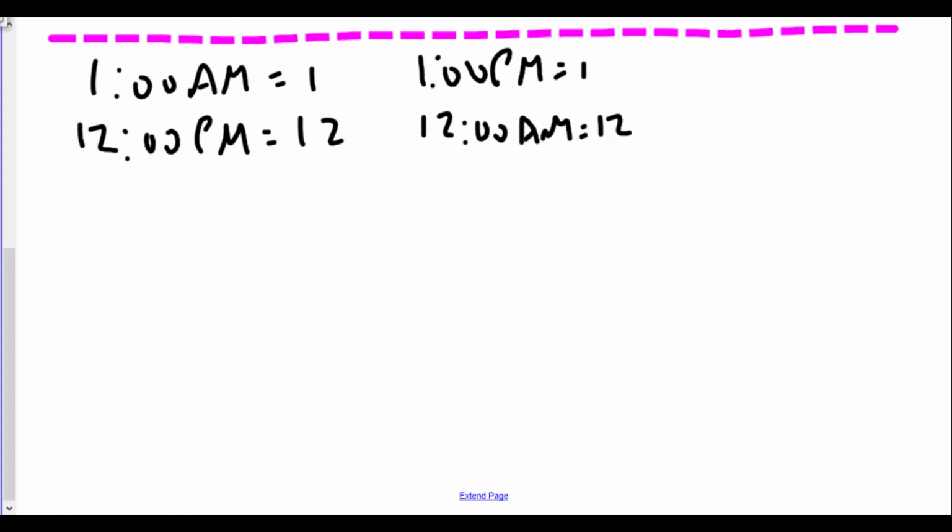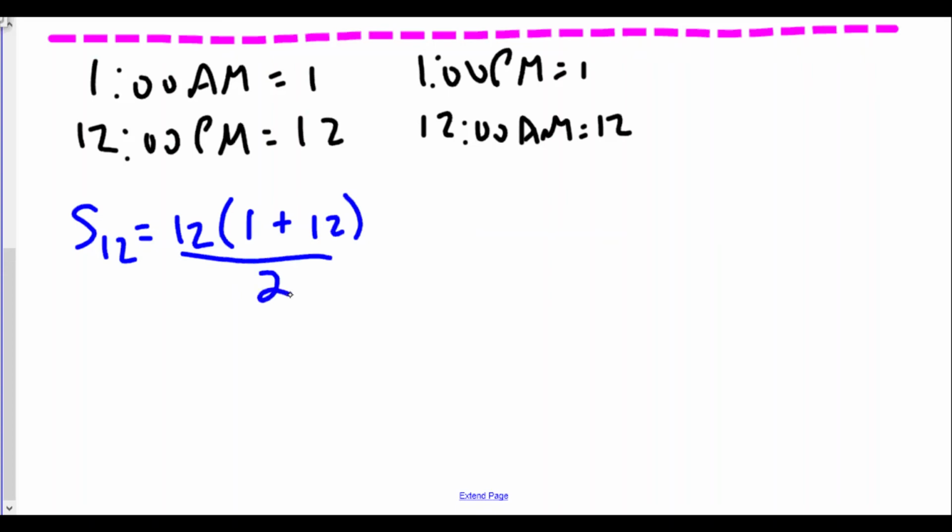So we will have in this case, S of 12 is equal to 12 times A1, which is 1 a.m., so 1. At 12 p.m., we have 12, all over 2. And so we're going to get, in this case, 12 times 13 over 2. And this divides into here. We're going to get 6. 6 times 13 is equal to 78.